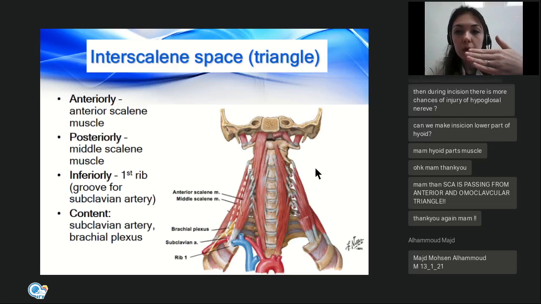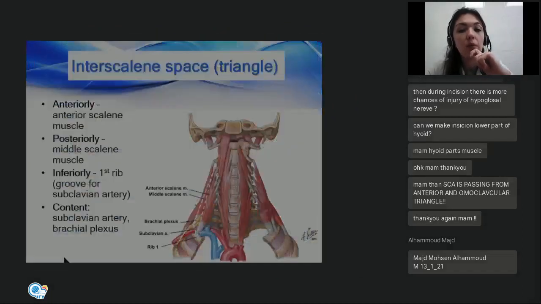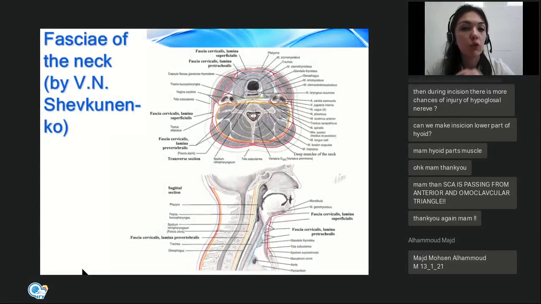Behind the tubercle, there is a groove for the subclavian artery, and in front of the tubercle, there is a groove for the subclavian vein. Here we can see it. So this groove on the first rib forms the inferior wall of the interscalene space. And through this interscalene space, the subclavian artery as well as the brachial plexus passes. Here it is written: content, subclavian artery and brachial plexus.